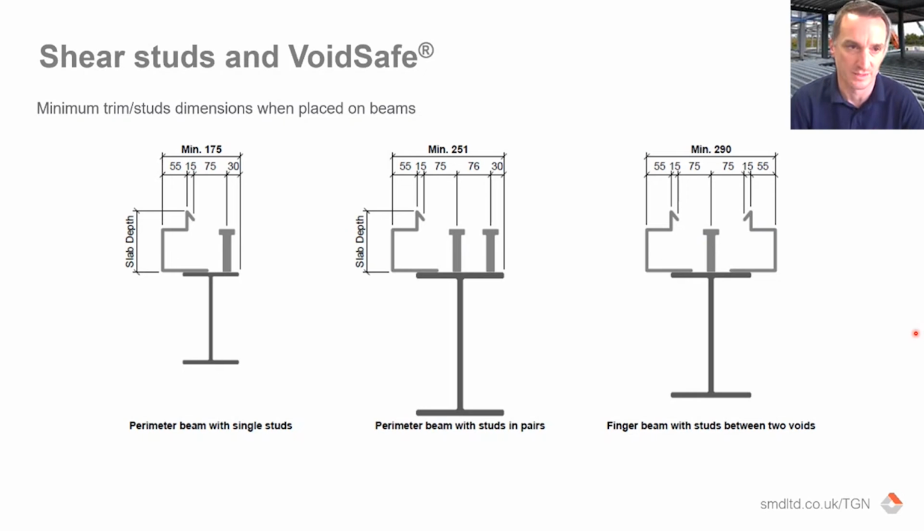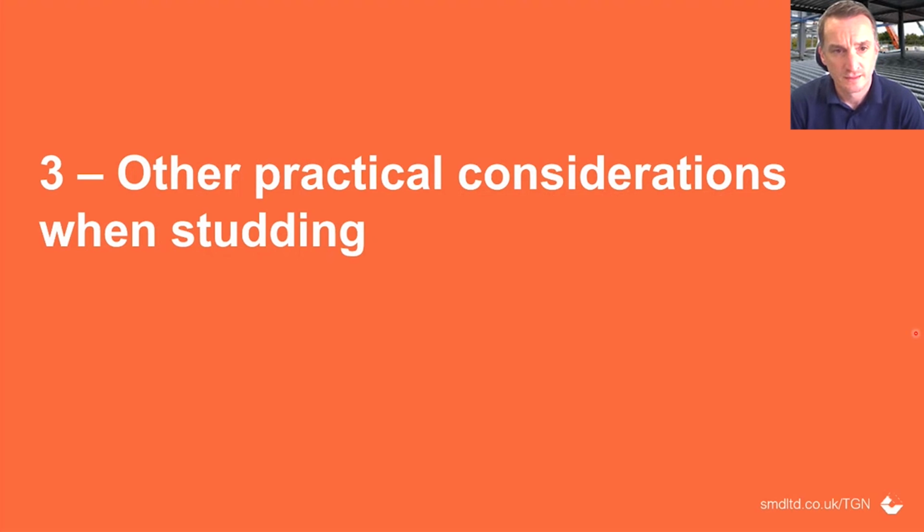So it's like a finger beam between two voids. That really covers that, I believe. And that's it in terms of the slab edge stuff, because the slab edge stuff is largely standard and in the code. It's only when we're using VoidSafe that you have to start looking at slightly different rules for shear stud positioning. They're not typically a problem, but it's important to be aware of them.